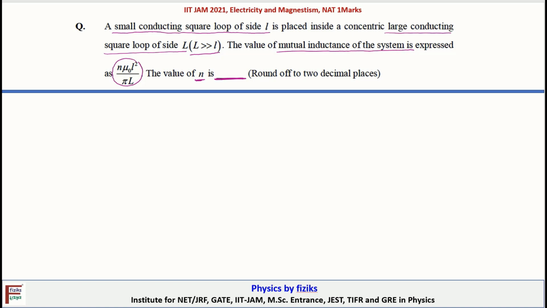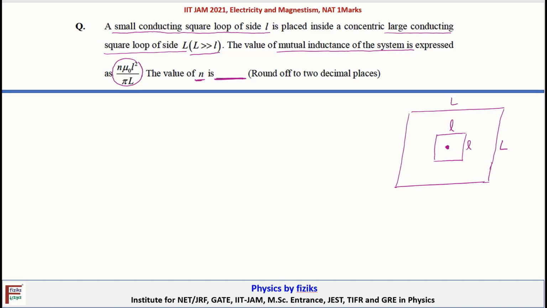So let us consider a large square loop. This is a large square loop, and this is the center. This side is capital L, and at the center a small square loop is placed, whose side is small l.